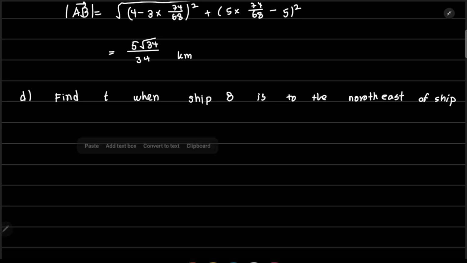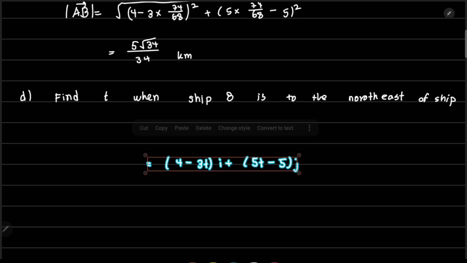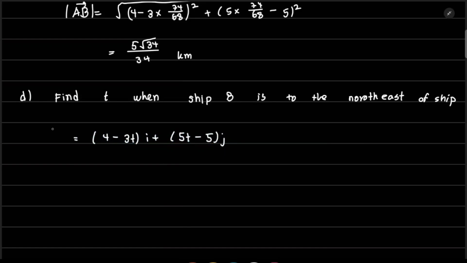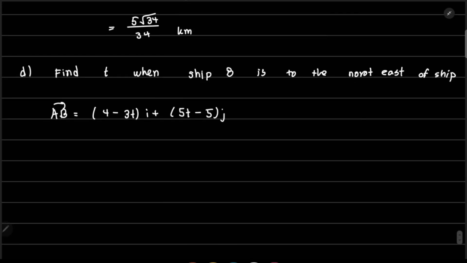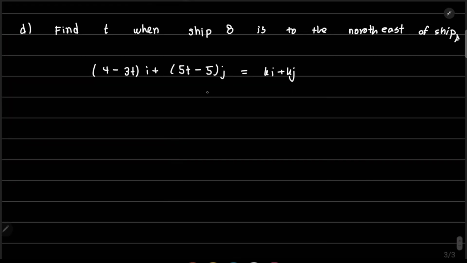Now we know the displacement between them. This is the displacement vector AB. If B is to the northeast of ship A, this will be equal to ki plus kj, since northeast is ki plus kj. Now we can separately equate the i component and the j component.